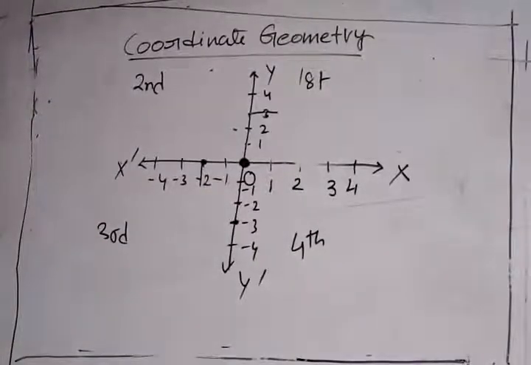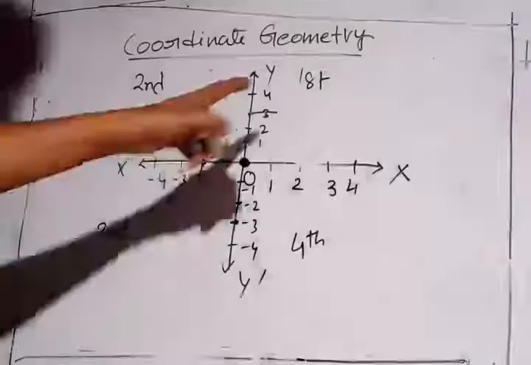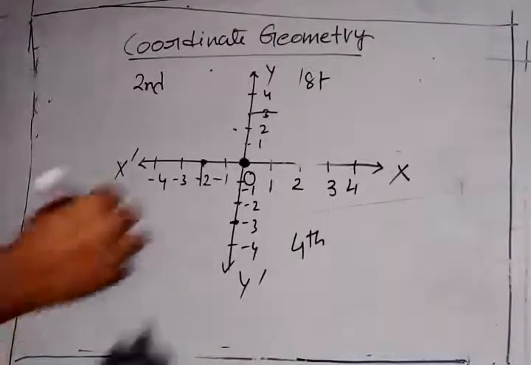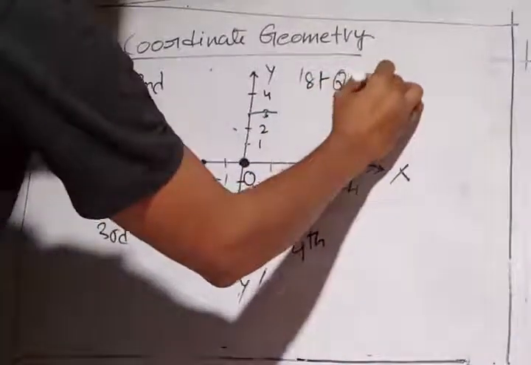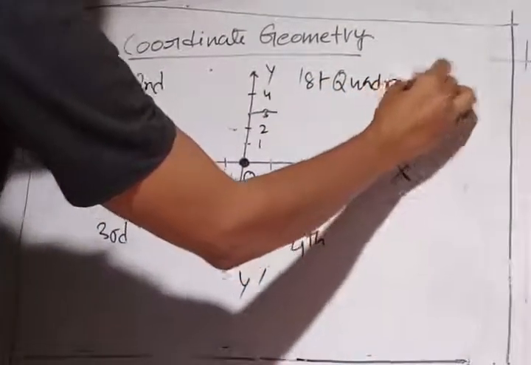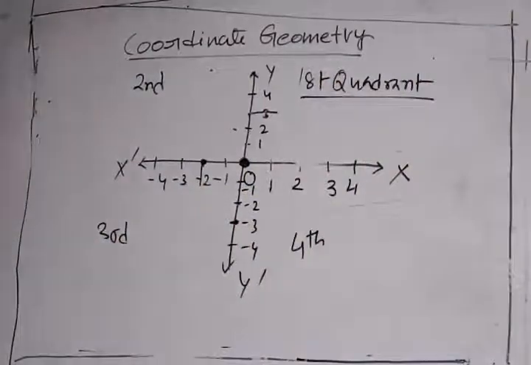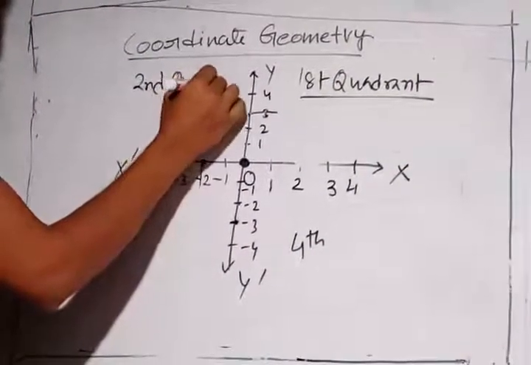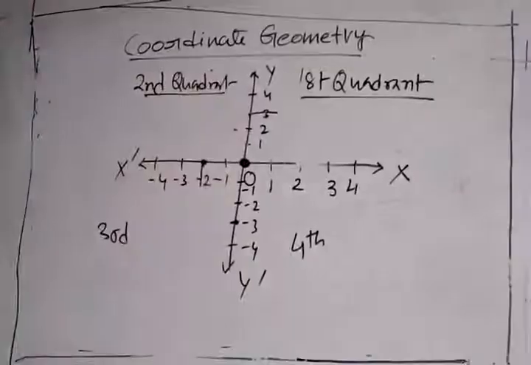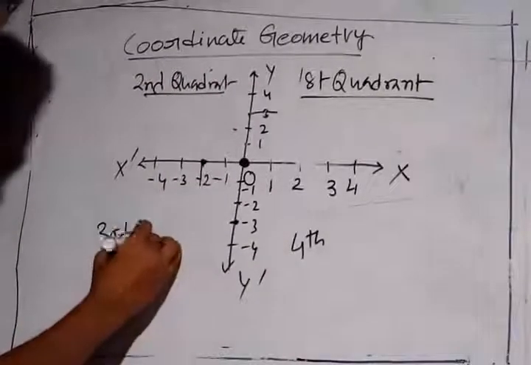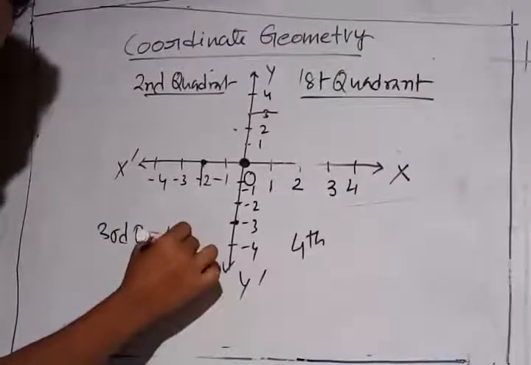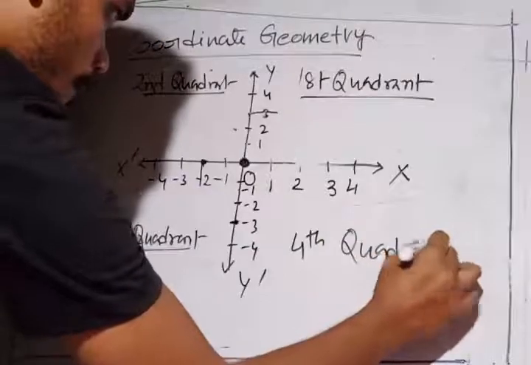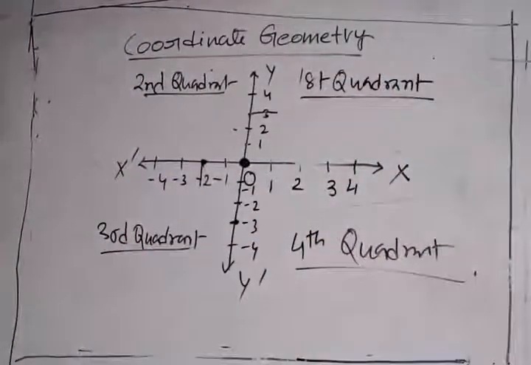Each part has some names also. This first part will be called first quadrant. This second part will be called second quadrant. Third part similarly, third quadrant. Fourth part is called fourth quadrant.